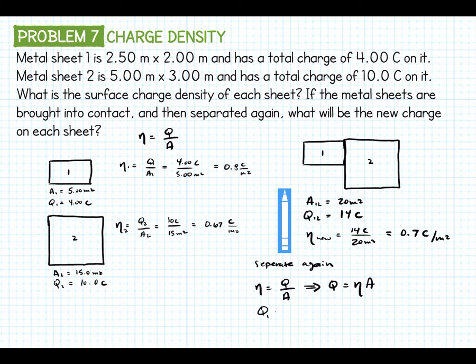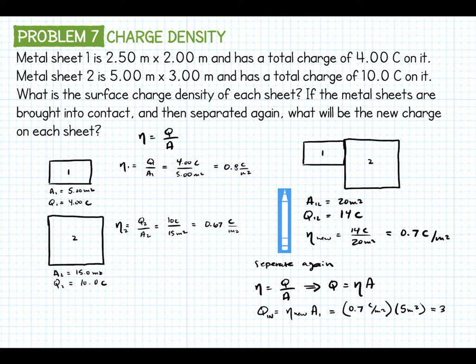So charge 1, we'll call this charge 1 nu, is going to be nu times area 1, and that's going to give us 0.7 coulombs per meter squared times area 1, which was 5 meters squared, and that gives us 3.5 coulombs.